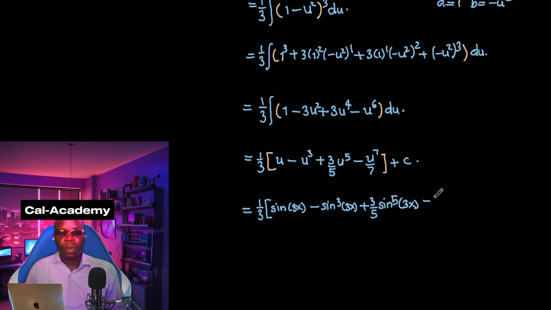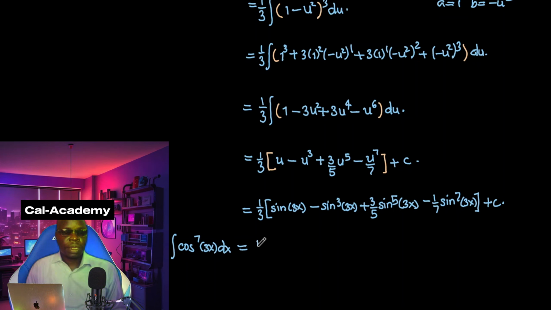And finally, we have 1 over 7 sine to the 7th power of 3x with respect to x. So we can close our bracket plus our constant of integration, and finally we are just left with opening up that bracket. And remember, it was an integration of cosine to the power of 7 of 3x. That has resulted into what we had here.